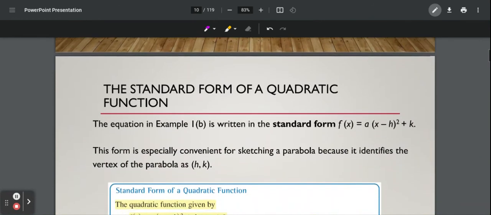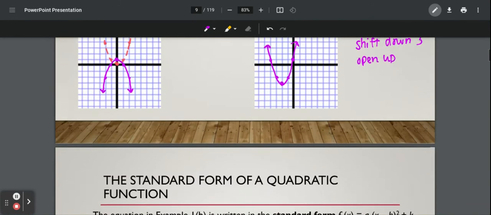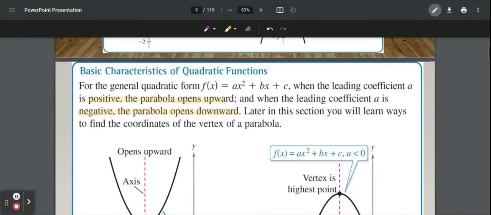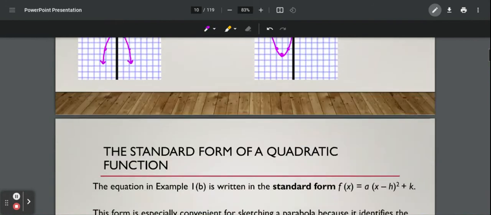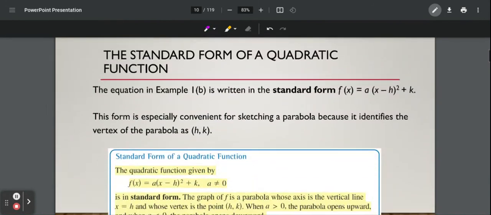Okay, so standard form versus, if we go back, remember that this was called general form. So your general form is ax squared plus bx plus c. But standard form is a times x minus h squared plus k, where the vertex of the parabola is the point (h, k).